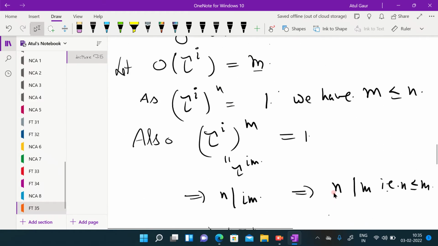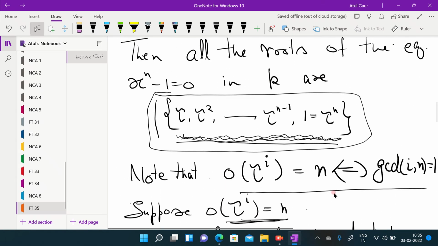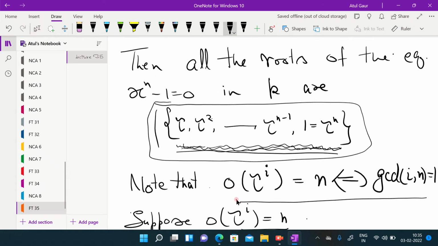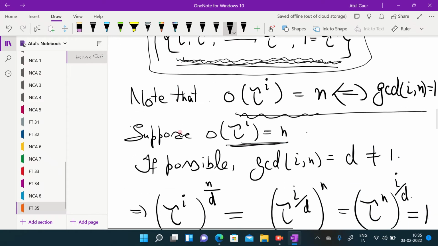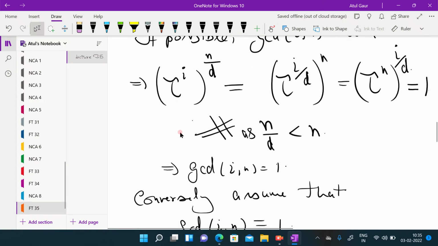Okay, so basically in that equation, for every i relatively prime to n you get one primitive nth root of unity, so that's why you will have phi n primitive nth roots of unity.